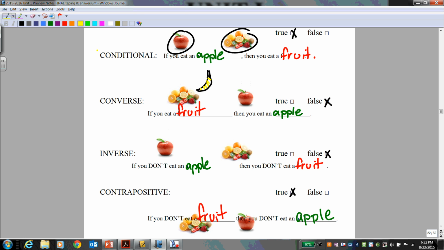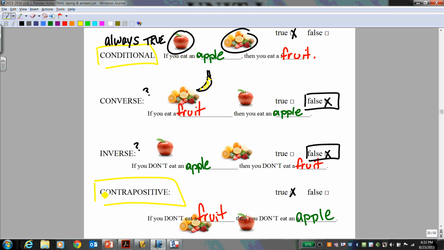So we get this conclusion, if your conditional is an always true statement, the converse and the inverse may or may not be true. So we technically call them false. False just means not always true. There's an exception. But if the conditional is always true, its contrapositive is also always true.